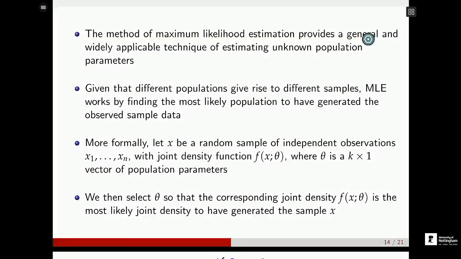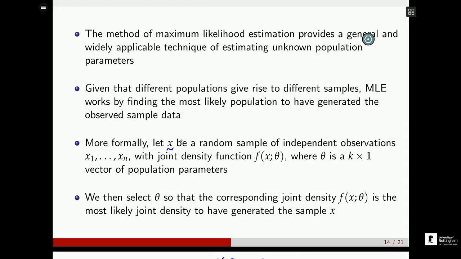So the way we formalise it, let the vector x be a random sample of independent observations, so random drawings from some population. We'll end up with n observations, x1 up to xn. They'll be the elements of the x vector.